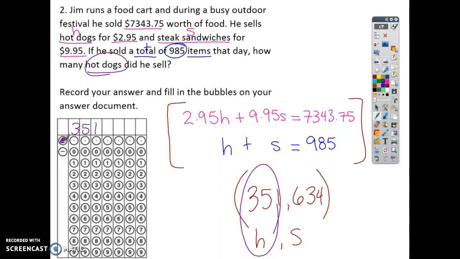If they were asking for the steak sandwiches, then that would have been 634. So we don't know what they're going to ask for. That's why it's good to line them up the way that you want them so that you know what you're picking, what your answer is going to be.